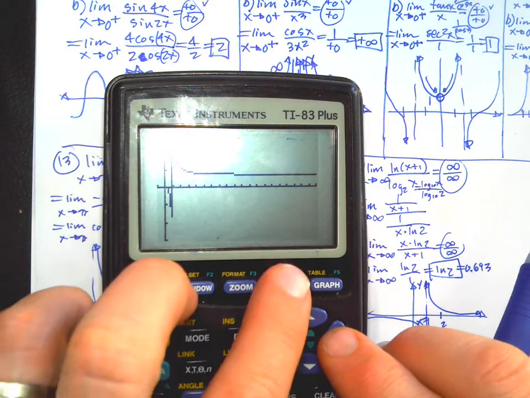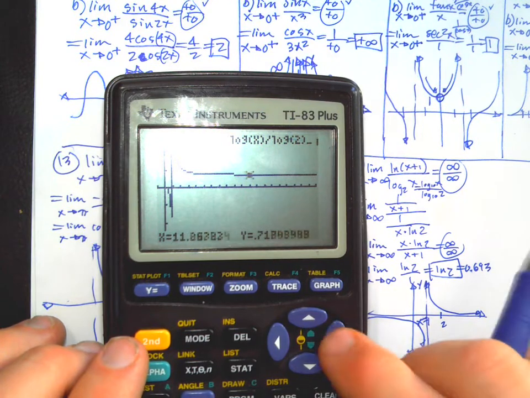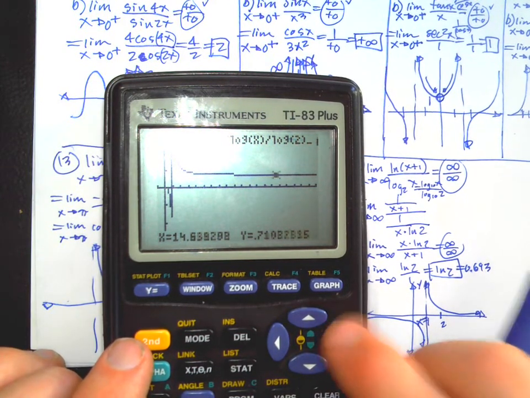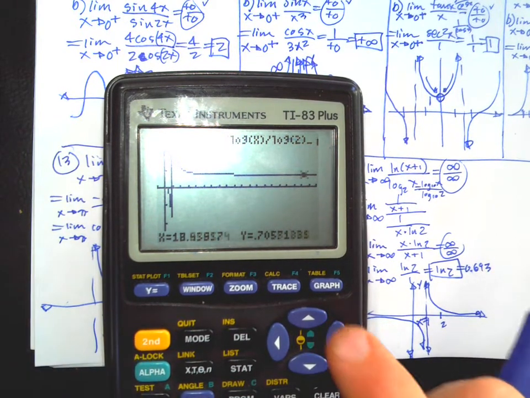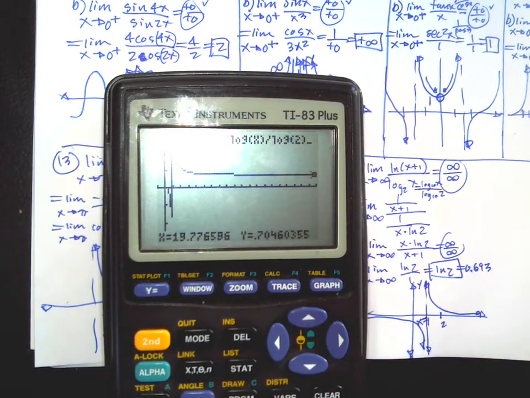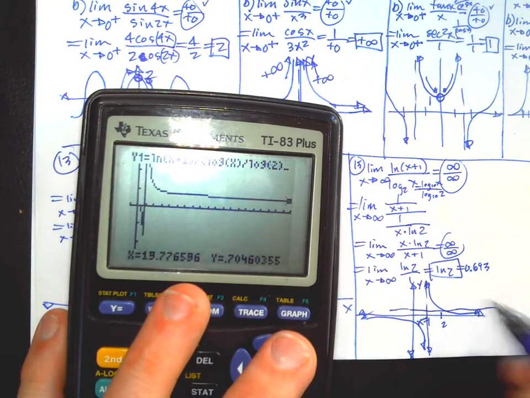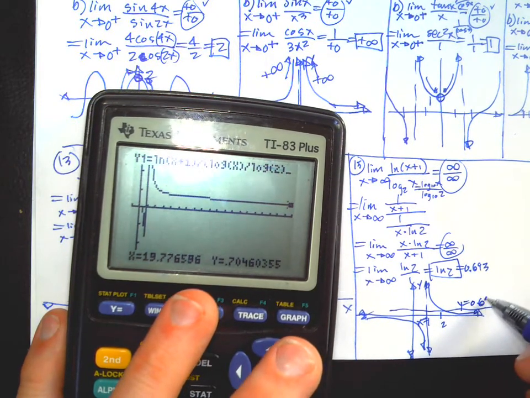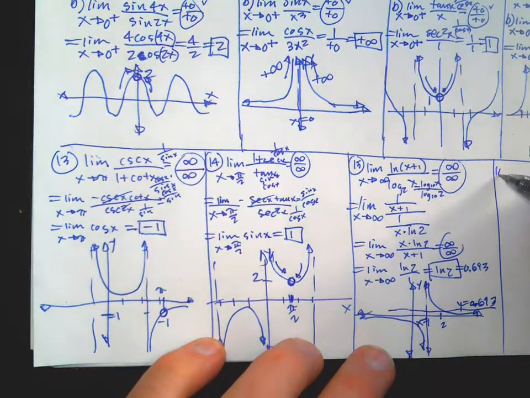I'm on trace and it's going slowly, slowly getting closer to what looks like 0.69. So that seems reasonable. There's a horizontal asymptote y equals 0.693 or something close to that. It's not perfect, but I think it helps us feel good about our answer.